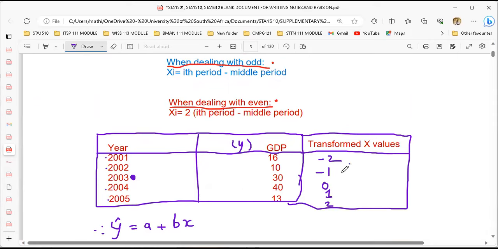for 2006 when the origin is 2003. The origin they are talking about is the middle period, which was 2003, and then they say find the GDP for 2006.